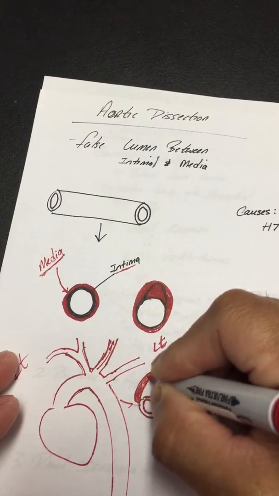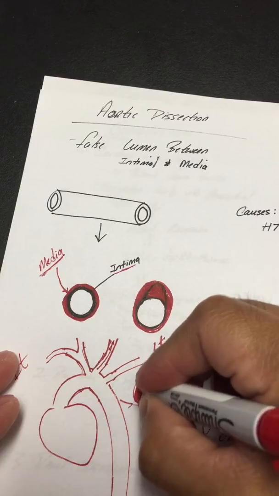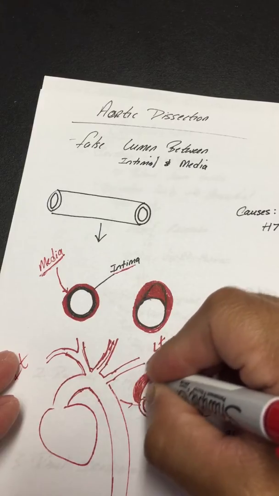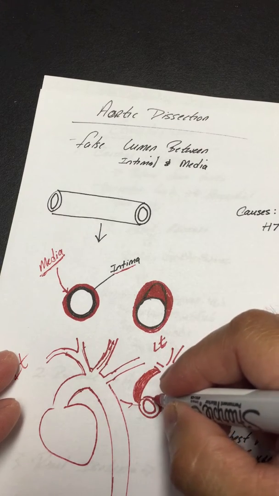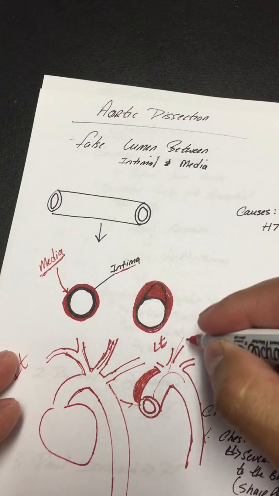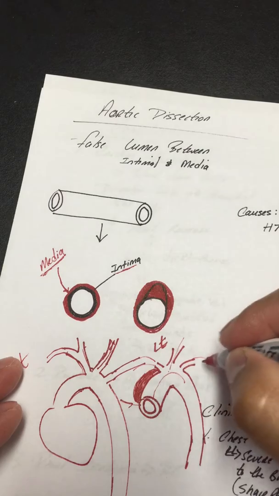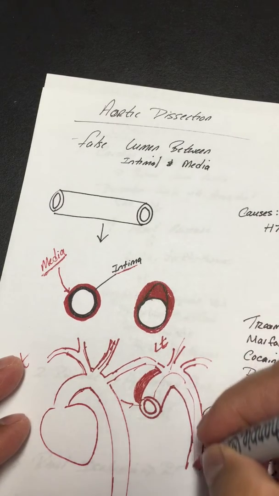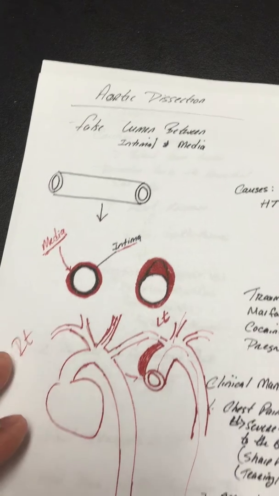Okay? So if we have blood accumulation here, that is going to make it less likely for blood to continue here. So again, less blood is going to go to the carotids, less blood is going to go into the arms, and less blood is going to come further down into your bowel, kidneys.